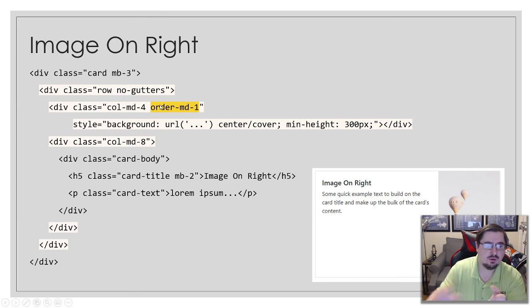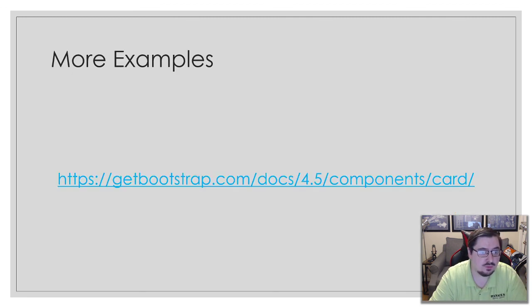So by moving this after the body, but only moving it there on medium or larger, it becomes on the right. If I did want it to be underneath on mobile, then I could just put it underneath. But because I want it to be on top on mobile and on the right on the desktop, that's where I have to manipulate the order.